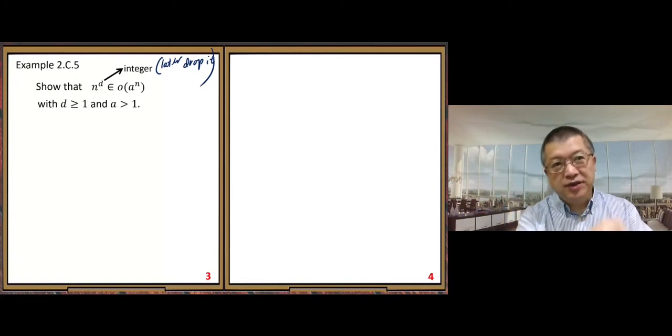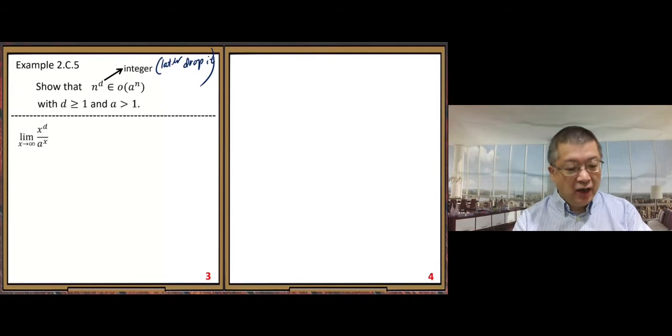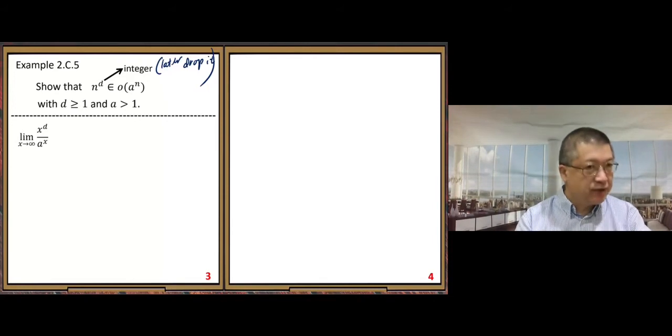Now, let us prove it. We use the same way as the previous example, L'Hopital's rule. This time, we just do it. First, we replace the discrete variable by the continuous variable x.